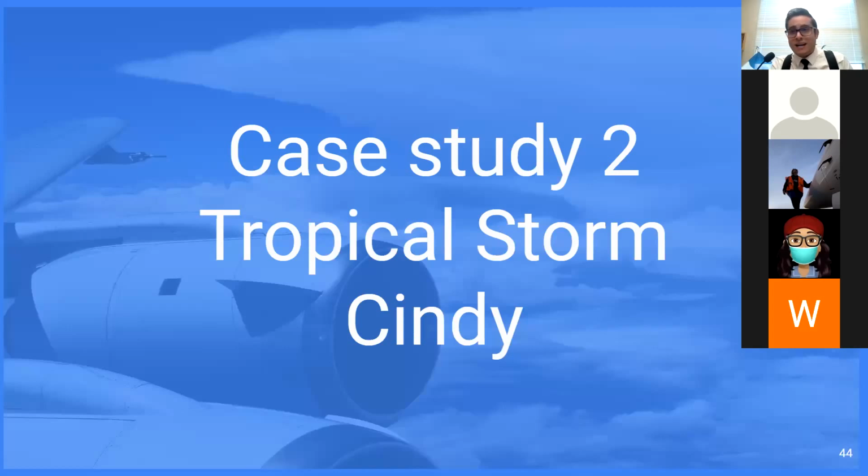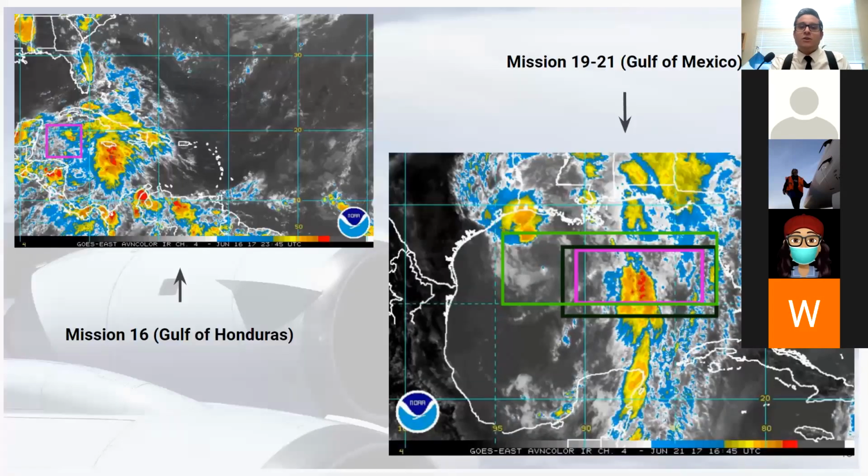Case study 2 is not as pretty as it looks. That one was a yes case, and this one would be like not very much. So briefly, we followed the genesis, development, and decay of Tropical Storm Cindy. Tropical Storm Cindy formed in the Gulf of Honduras, and this corresponds to mission 16.